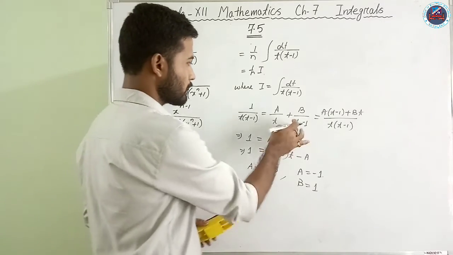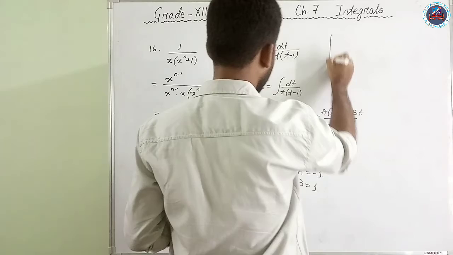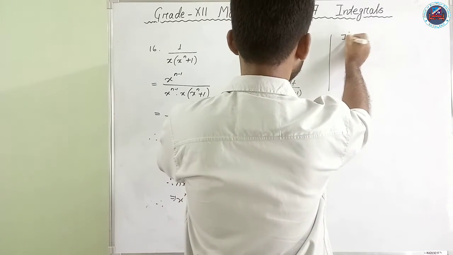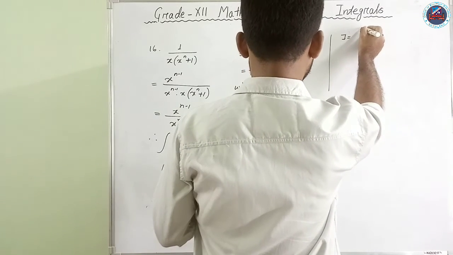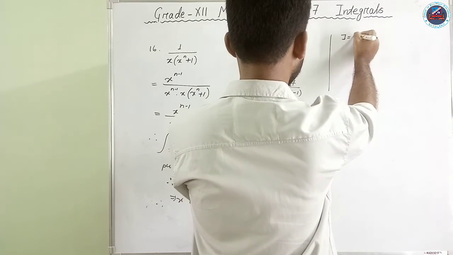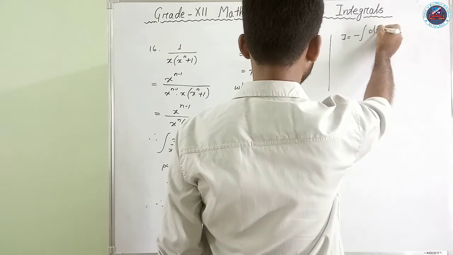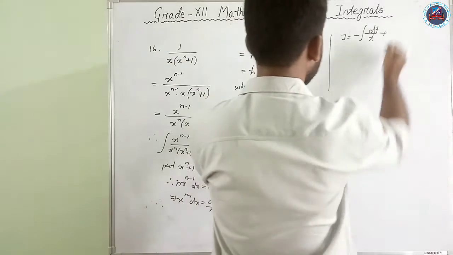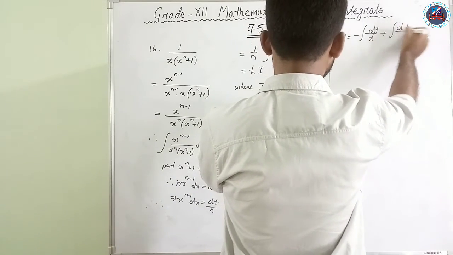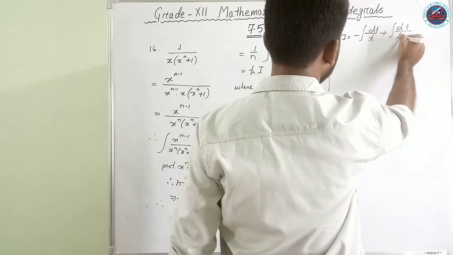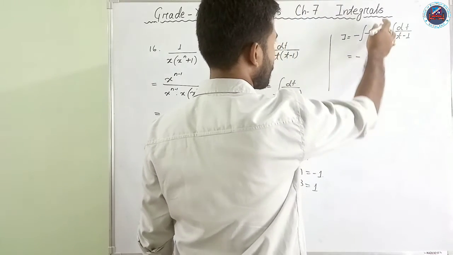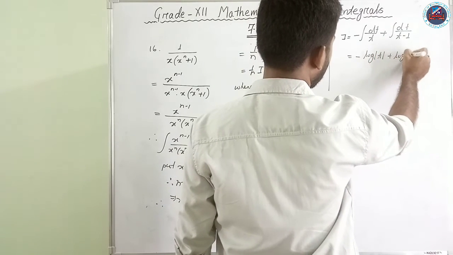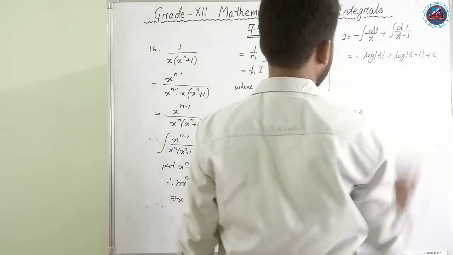So if we put the values over here, we shall have I is equal to, in place of a we have -1, so this will be minus dt by t, plus in place of b we have 1, so it will be integration of dt by t minus 1. And what is that? This will be minus log mod t plus log mod t minus 1 plus c.